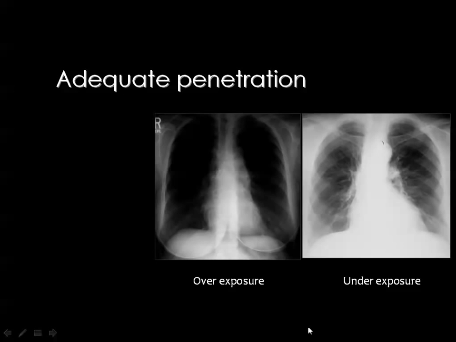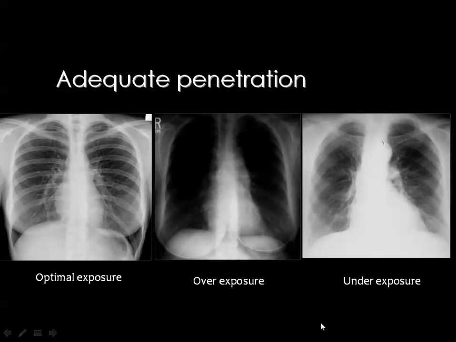Then if you look at the chest X-ray, you can easily appreciate if this is a well exposed film or an overexposed one like this or underexposed like this. Optimal exposure will display the lung fields, the lung markings, the cardiac shadow, and the costophrenic angles.